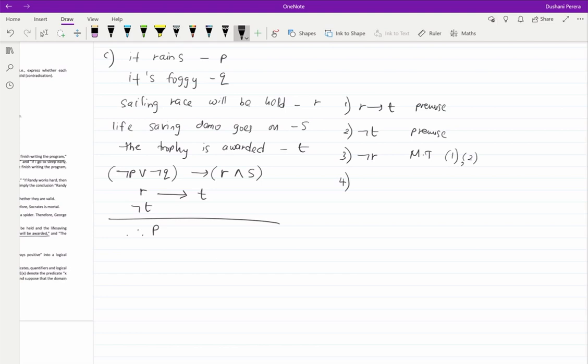Only one part has to be true for an OR condition to be true. So I will add negation S to negation R. This doesn't make a difference because negation R is anyways true. So adding negation S would not make a difference. So I'll write here addition.